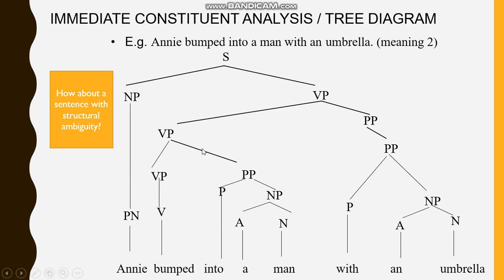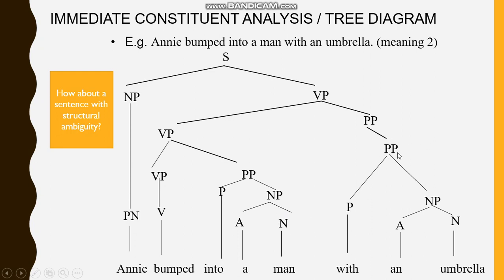So verb phrase and prepositional phrase, and then the verb phrase is divided into verb phrase, bump, and prepositional phrase, into a preposition and a noun phrase, article a and noun man.